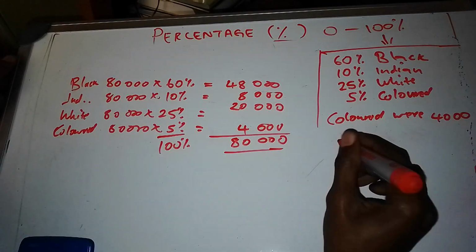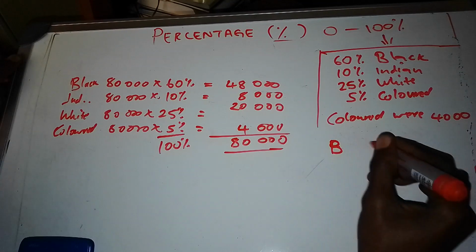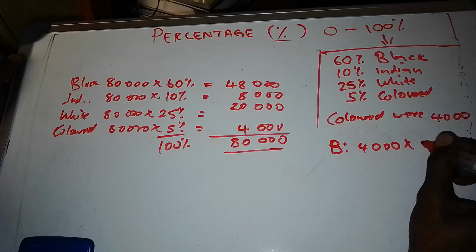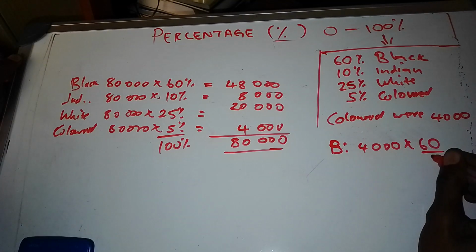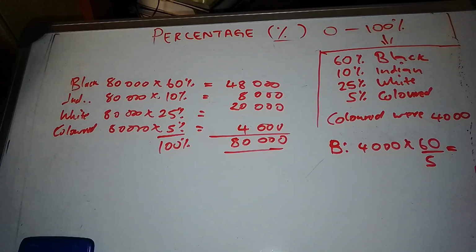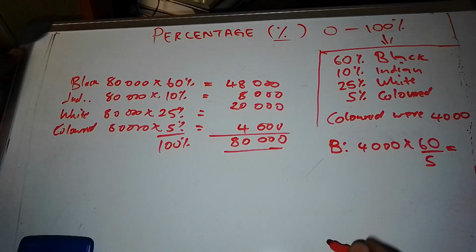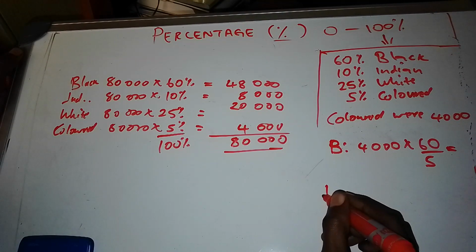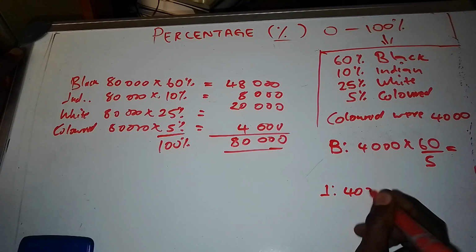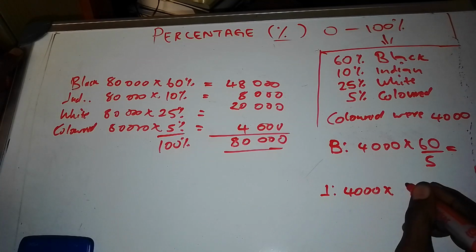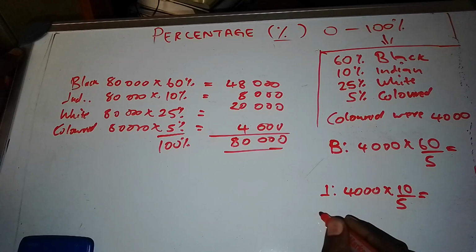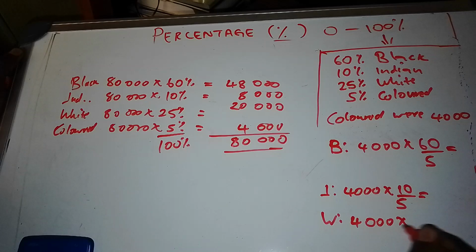So in this case, you will say for black, I'll say B, you say 4,000 times, you want black, 60 over 5, because you've got coloreds as 5%. Then for Indians, you will say I, and then you say 4,000 times 10 over 5.